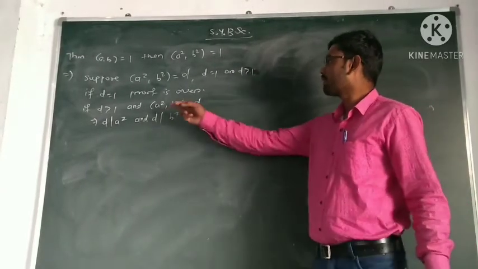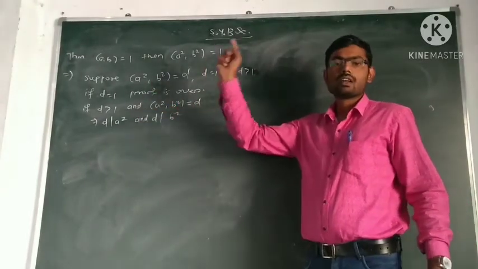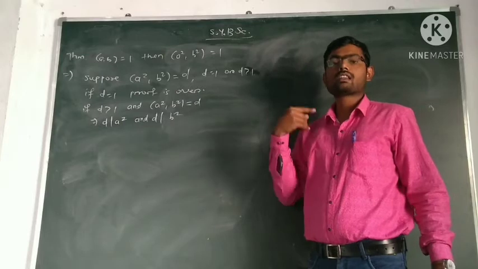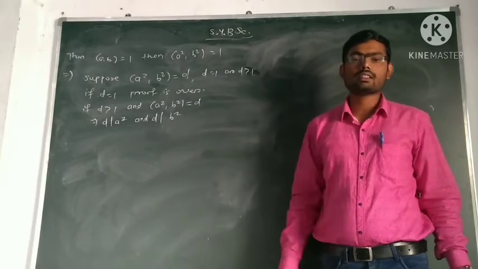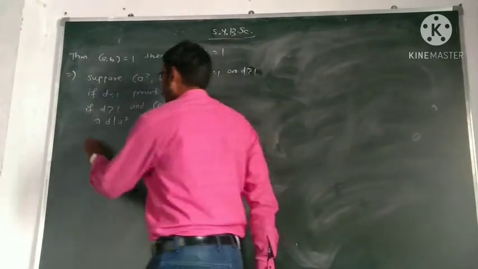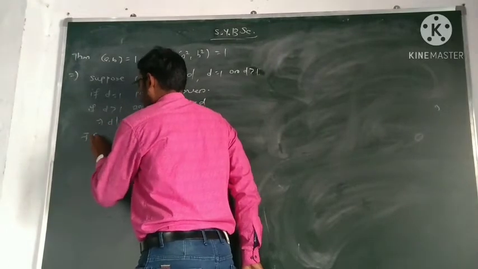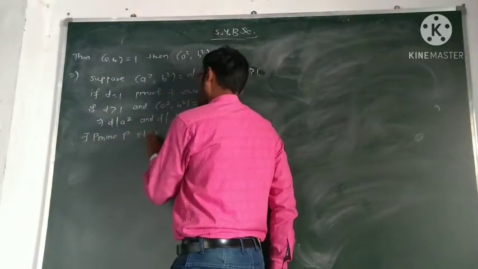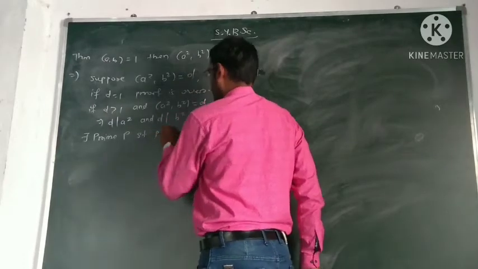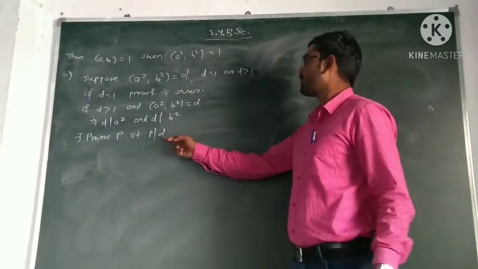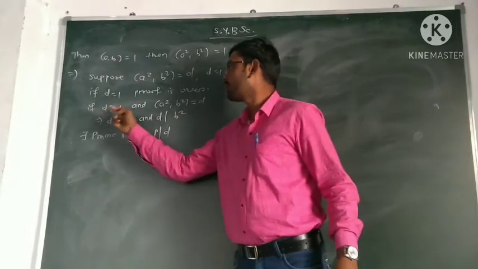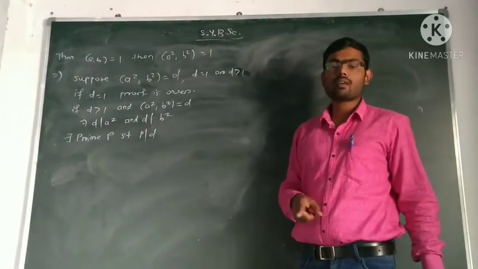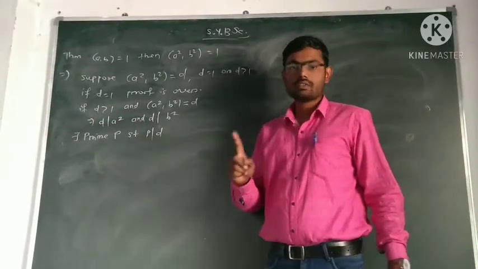Now D is greater than 1. We know the theorem that every positive integer greater than 1 has at least one prime divisor. So there is a prime P such that P divides D, because D is a positive integer greater than 1 and so must have at least one prime divisor.